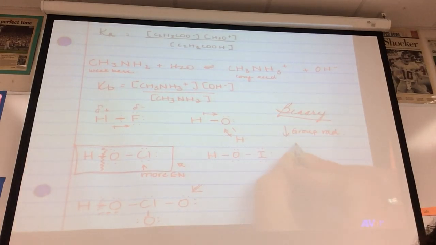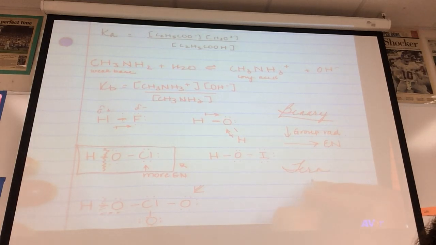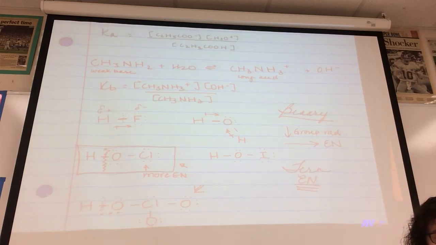For binary acids across a period, that's based on electronegativity. For ternary acids, your basis is electronegativity.